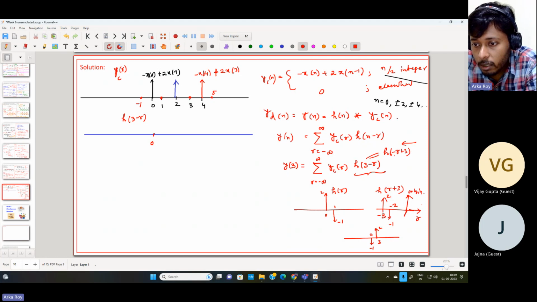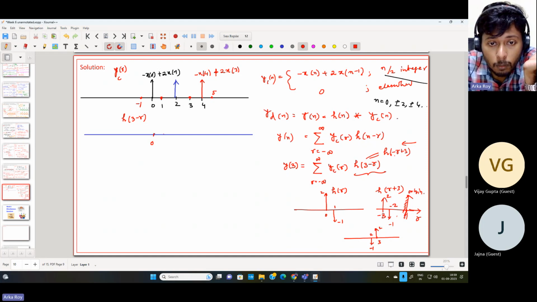This will just be taken to the right-hand side of the plane. So this is just the time reversal operation. This will act like a mirror, and this will be the mirror image. So at 1, there is nothing. This is at 1. This is at 2. At 2, I have got some value. And then over here, at 3, I have got this particular value.